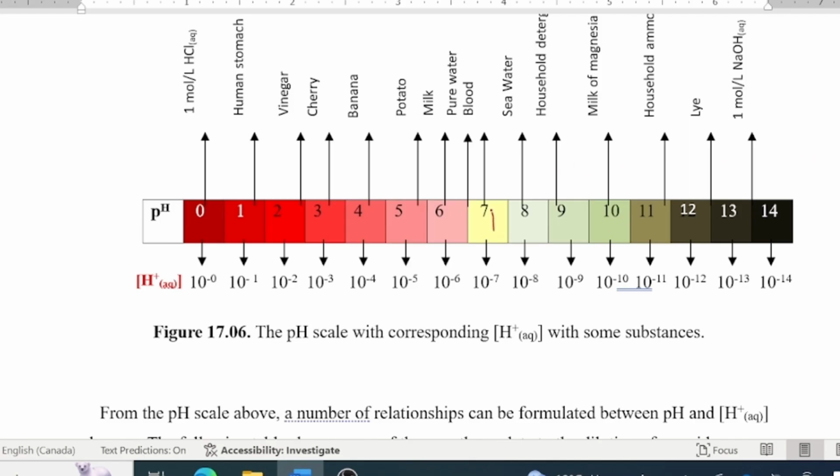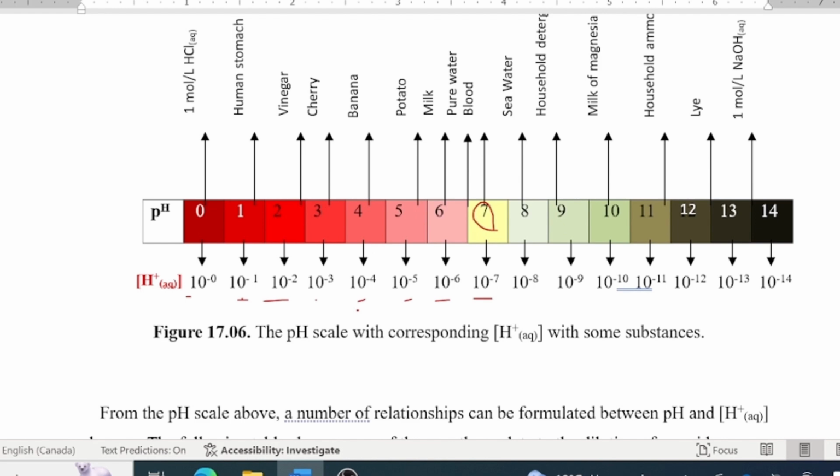Anything that has a hydrogen ion concentration of 10 times 10 to the negative 7, in that direction, the hydrogen ion concentration gets less. You know why? Because the negative exponent here is getting less and less. It means the value is getting more and more. The lower the pH, the higher is the hydrogen ion concentration.